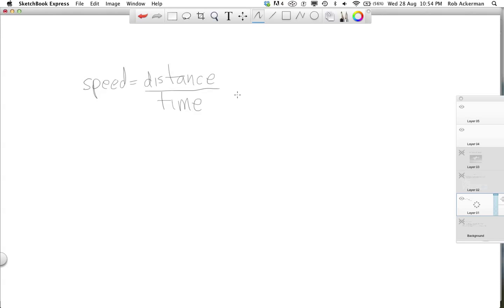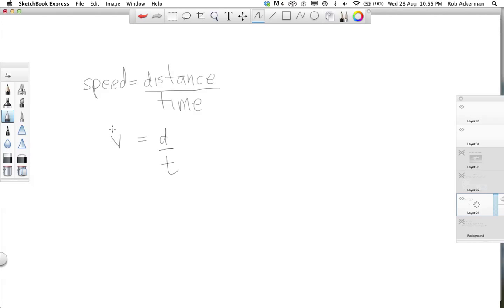And what you might not know are the symbols that we use. Well, maybe you've seen this, s equals d over t. Maybe you saw that in math class. That's fine, but in the textbook that we have, we don't use the letter s for speed, so I'm going to erase that. We use the letter v, and I'm not trying to confuse you.